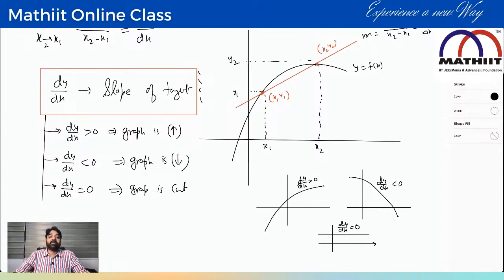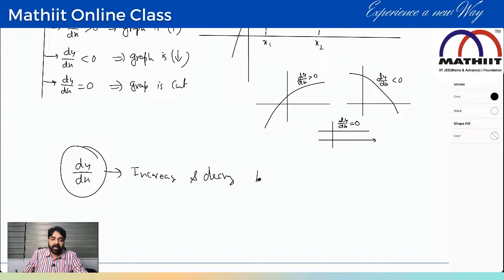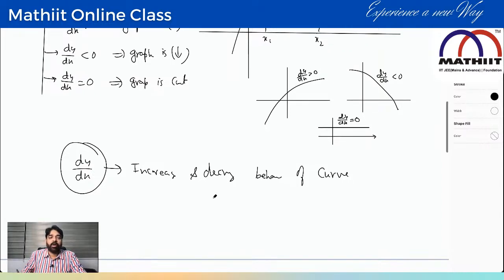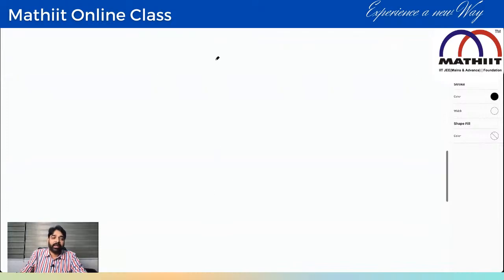So dy by dx represents the increasing and decreasing behavior of the curve. The sign of dy by dx, I mean positive or negative. So if any graph is shown to you, you can easily tell what dy by dx will be.